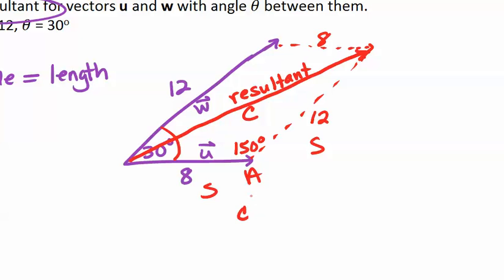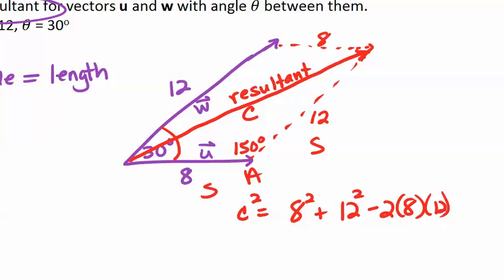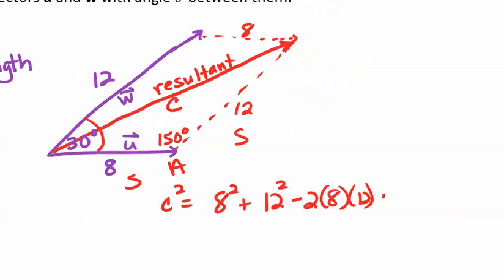So remember what law of cosines looks like. It is the two sides squared minus 2 times those values times the cosine of the angle between them. And the cosine of the angle between them is not our angle 30. It's the supplement of our given angle 30. All right.